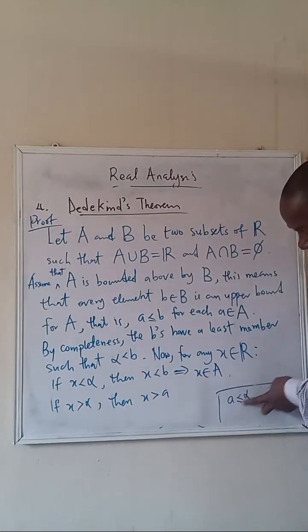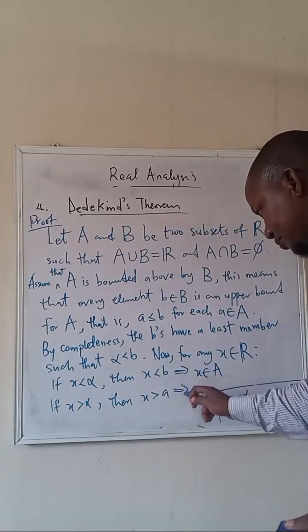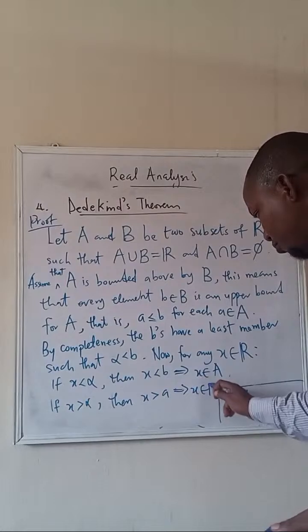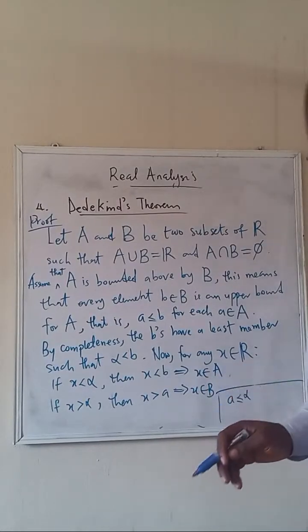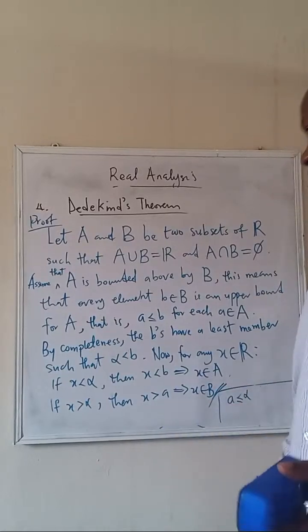Anything that is more than this is also more than this. This implies that x belongs to B, and that's the conclusion of that theorem, the Dedekind theorem.